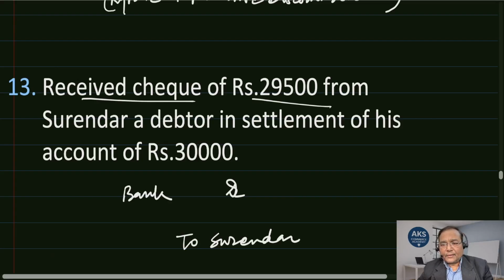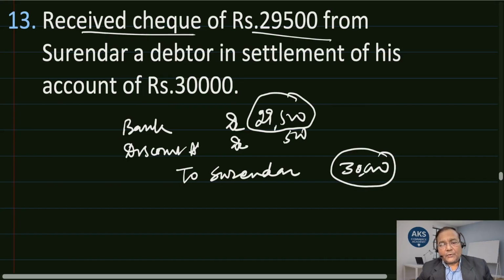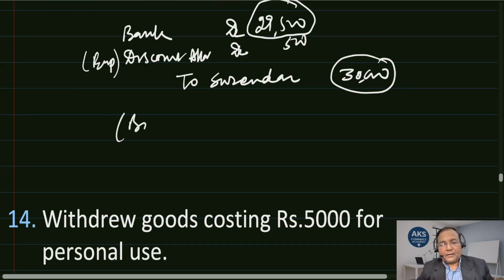How much? 30,000 rupees of credit we have given to Surender in full settlement, and the money received from him was 29,500. So there is a discount element, debit, 500. Is this clear? Whenever the full settlement is done and less payment is received, then there is discount allowed. This discount is an expense, and the earlier discount which we received was income. Here we need to pass the narration again, being payment received and discount allowed.